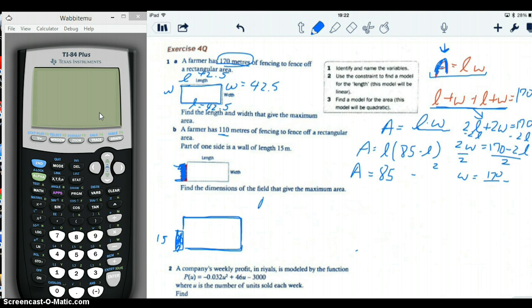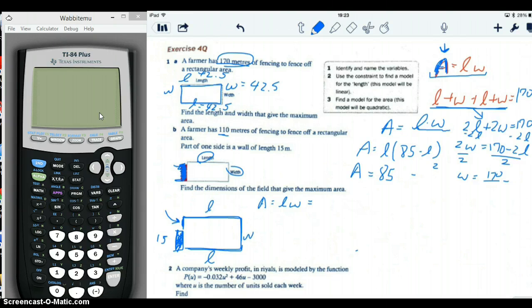So let's make the formula again. A equals length times width again, which is what you're trying to maximize. Now let's try to figure out the next equation. Let's say that this is length. They call this length. They call this width. So this is width. And then what would this part be? Because this part is fence, this is wall.